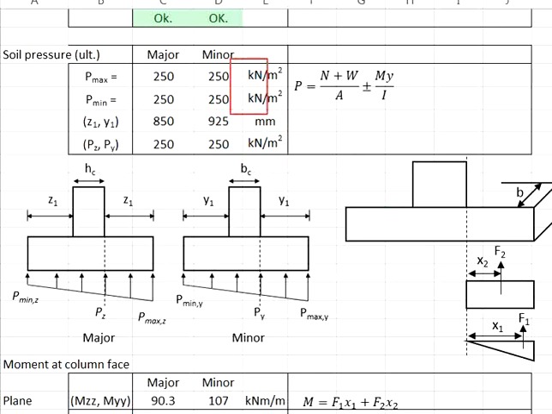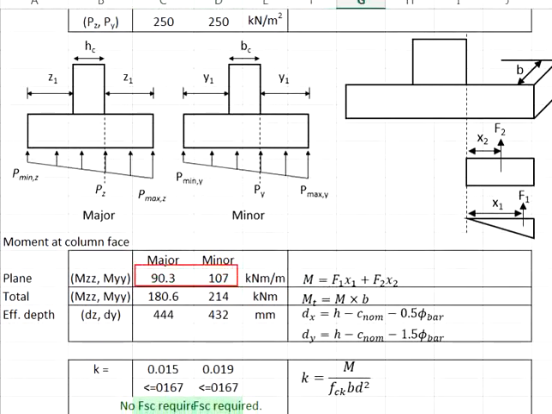Make sure they are of the right unit. If you calculate on the basis of Newton and mm, make sure your calculations will all be in Newton and mm. Now if you calculate on the basis of kilonewton and meter, then you need to convert the mm into meter. You will see the minor axis having a greater moment.